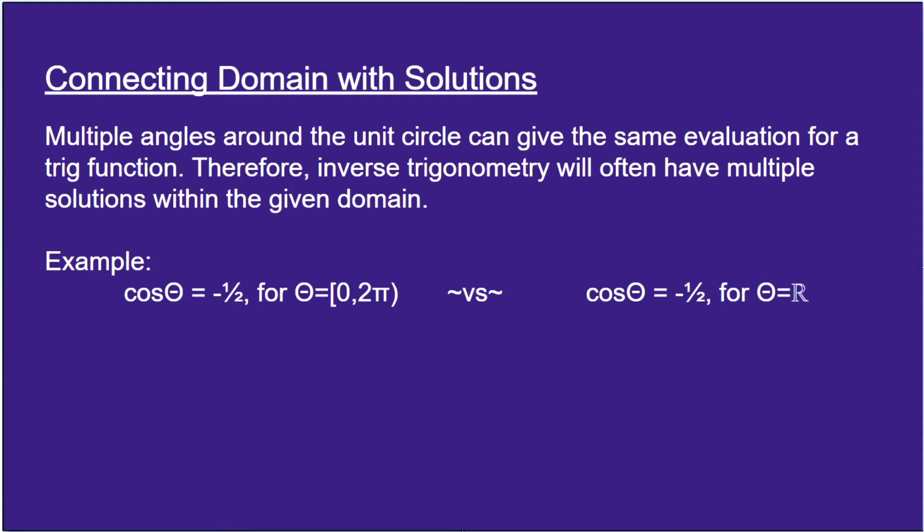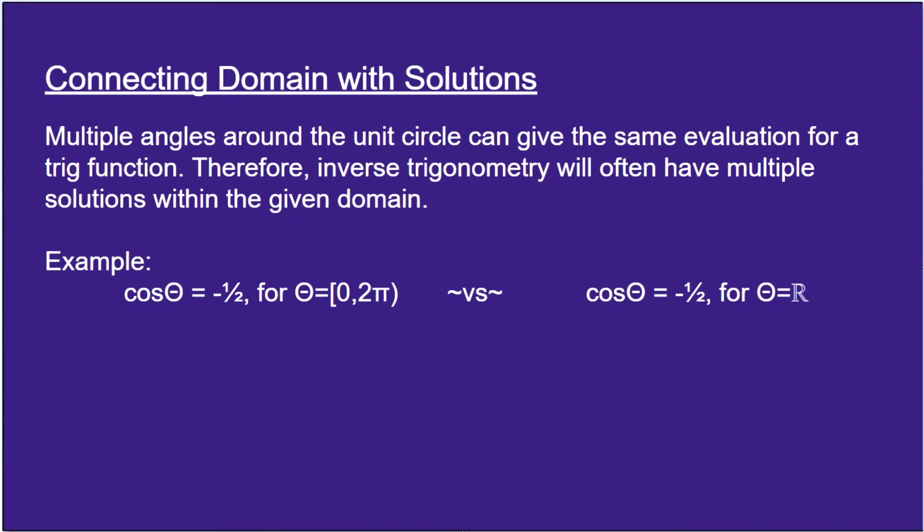I have two problems here. One is the cosine of theta equals -1/2 for theta within the domain of 0 to 2 pi. That means that theta can only be values between 0 and 2 pi. The other one says cosine theta is -1/2 for theta within the domain of all real numbers. This means that theta can be anything as long as it's a real number, right? Not imaginary. When we're talking about all real numbers, it basically is just saying any number you can think of.